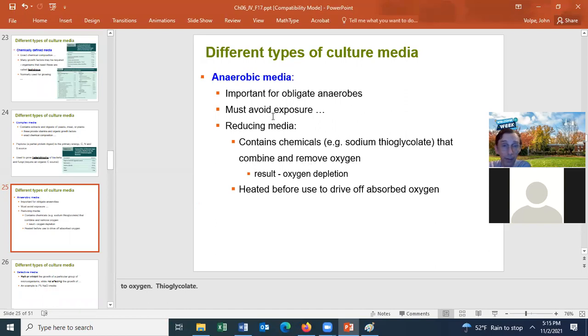And then the anaerobes can grow in the bottom of this tube. What you do to remove the oxygen from the media after it's first made, because obviously the oxygen will be dissolved in the water, and when you stir it in, it'll be pulled into the media, is you can autoclave it, and that drives off the absorbed oxygen.